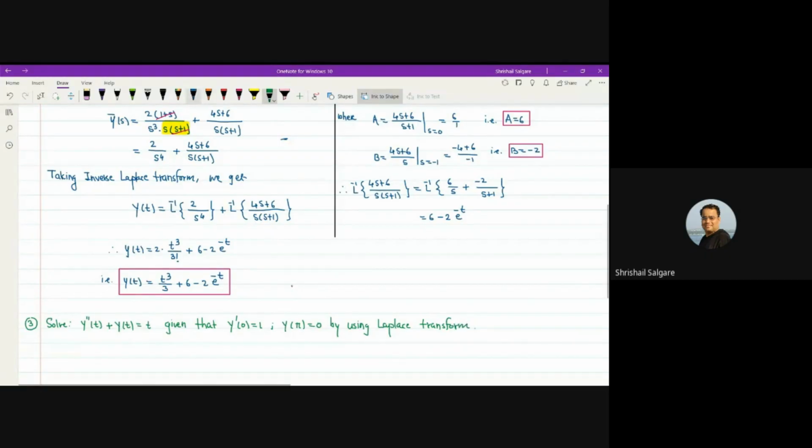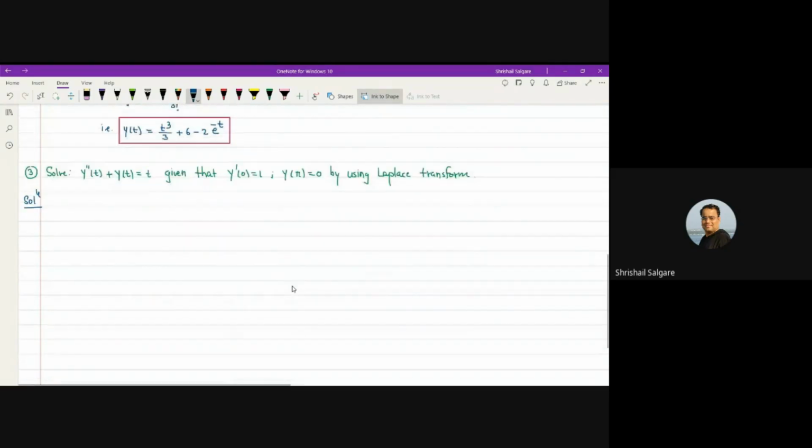Okay, suppose the solution for this. What is the given equation? I will scroll up. So given that y double dash of t plus y of t equal to t, and suppose if required, I will write this as a 1.